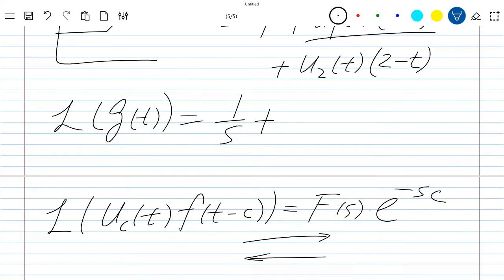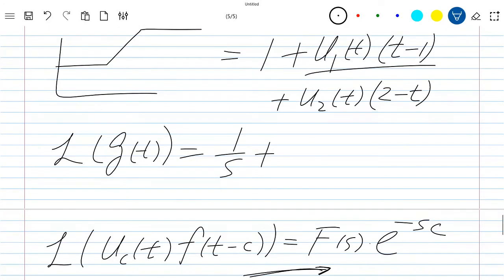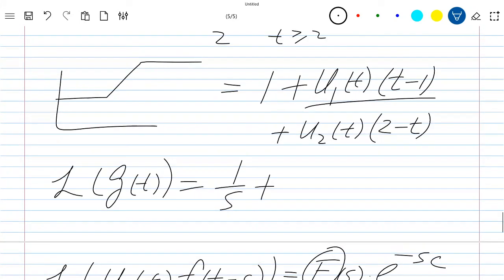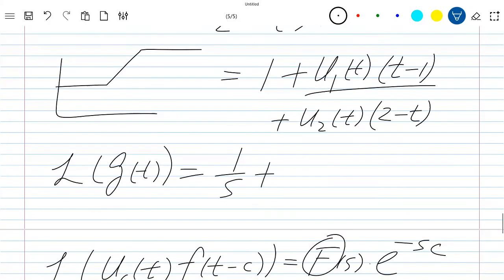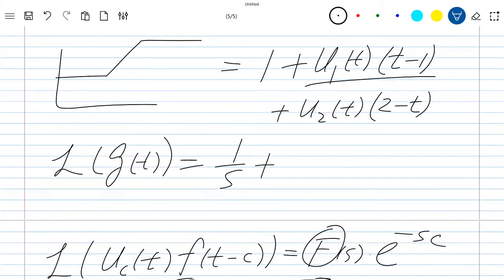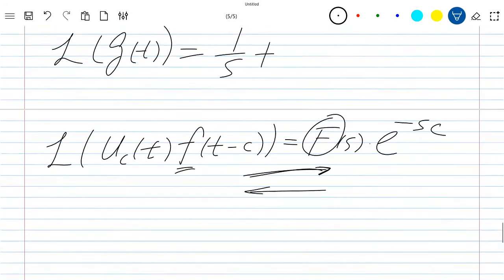Now we use it on the right side. To find the capital F, you need to know what f is, but this f is not just this function. You have to unshift it. So if c equals 1, let me rewrite this.